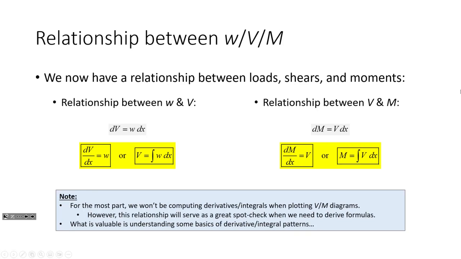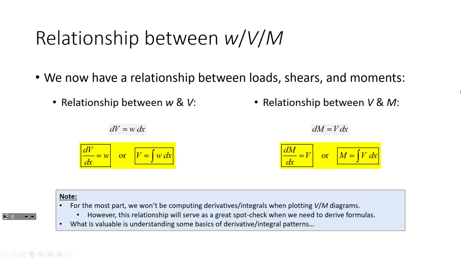And so deriving an equation actually works out a little better. And if you independently derive the shear equation and the moment equation, you can take a look at them and go, well, is the derivative of the moment equation equal to the shear equation? And if the answer is yes, then that's a check that you did it right. So we're not actually having to do the derivatives, but we are being able to check that is actually a little bit of a handy tool in your toolkit.